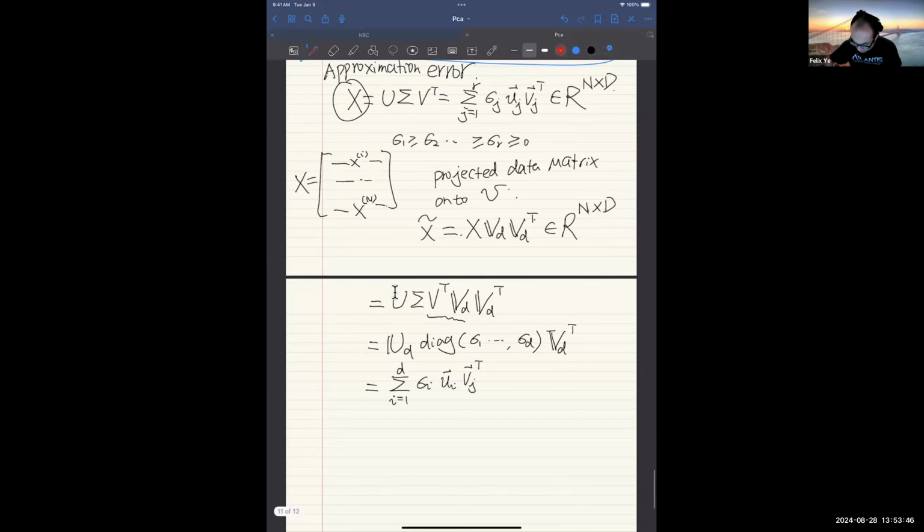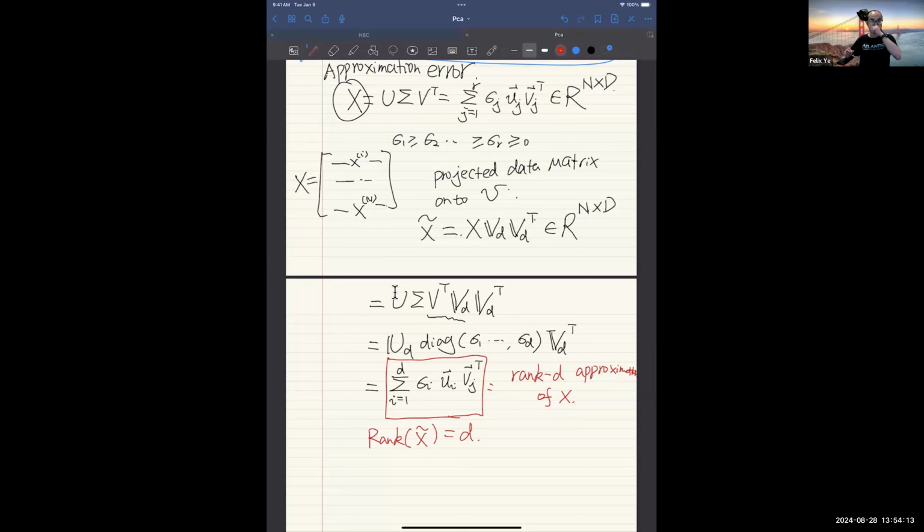This is nothing but the rank D approximation of X. If we use this argument to approximate, then the rank of X2 is small d.